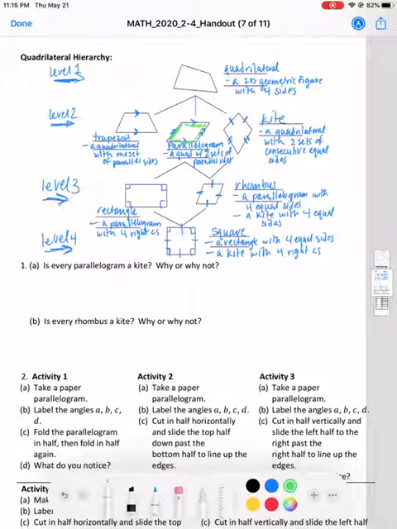So parallelograms are not kites. They're not related in the hierarchy.